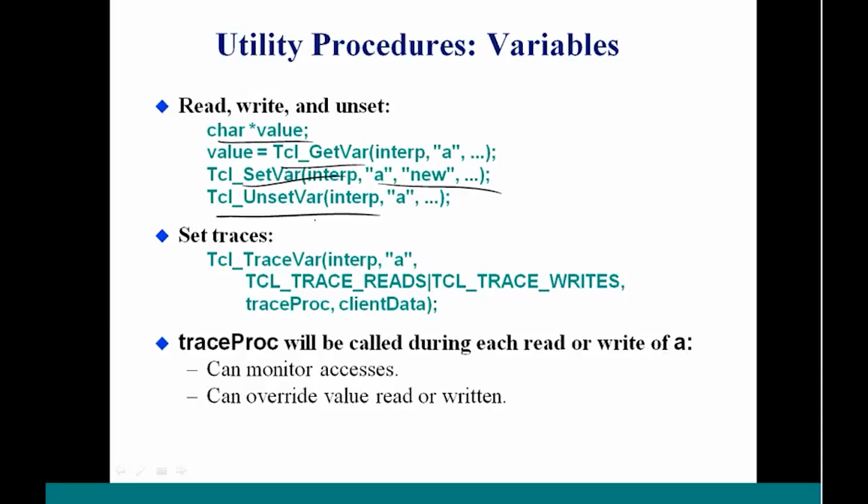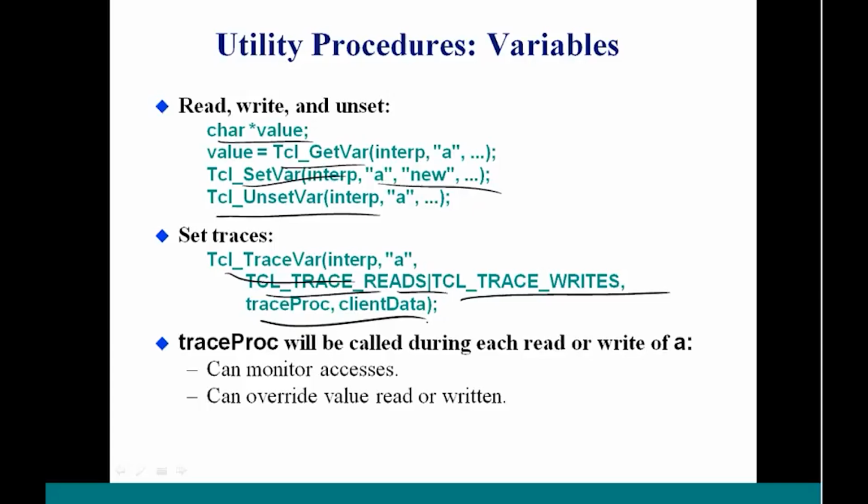Then you can also set traces, basically. So you can trace a variable. That is Tcl_TraceVar, and then we can say Tcl_TRACE_READS, Tcl_TRACE_WRITES, trace procedure, and client data. So we can trace how the value actually is changing throughout the program, throughout the script.